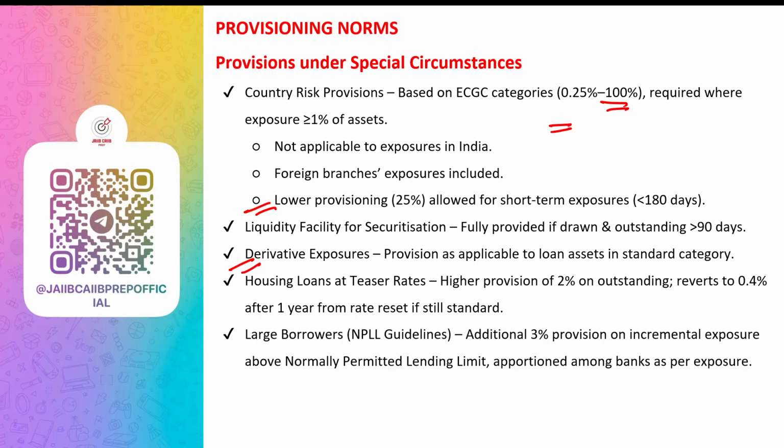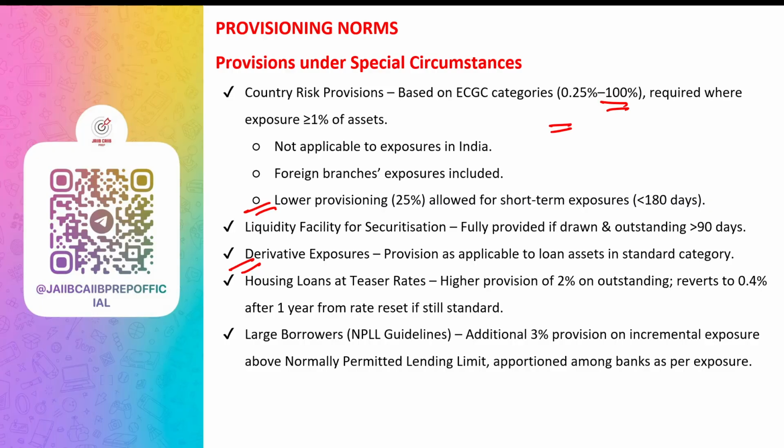Housing loan at teaser rate. So some banks give housing loans at a teaser rate, meaning to say they charge a very low rate of interest initially, but with time the interest rate increases. So the risk is the borrower may struggle to pay once the higher rates kick in, and to cover this serious risk, provisioning on standard assets under such loans is 2% initially.